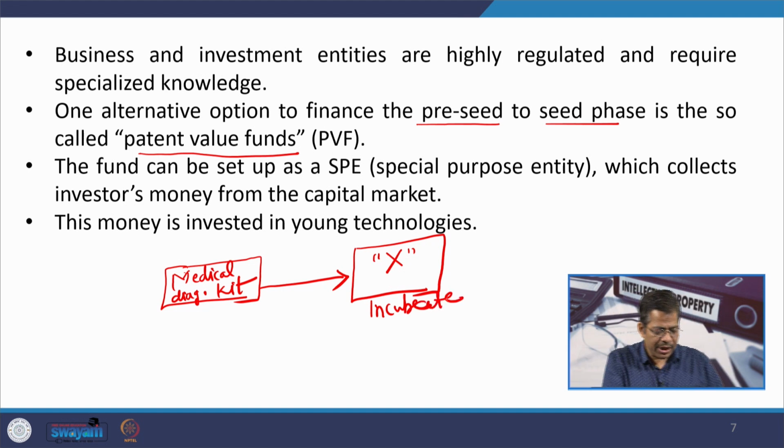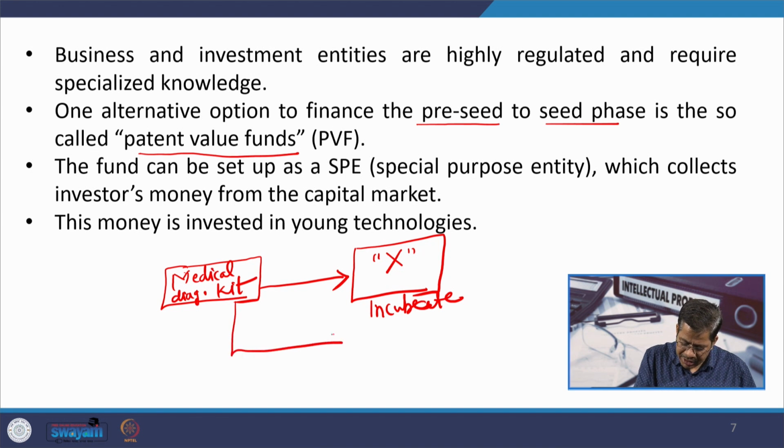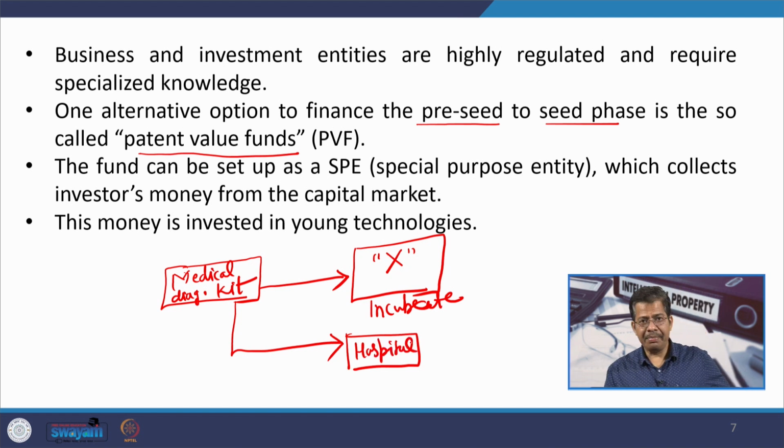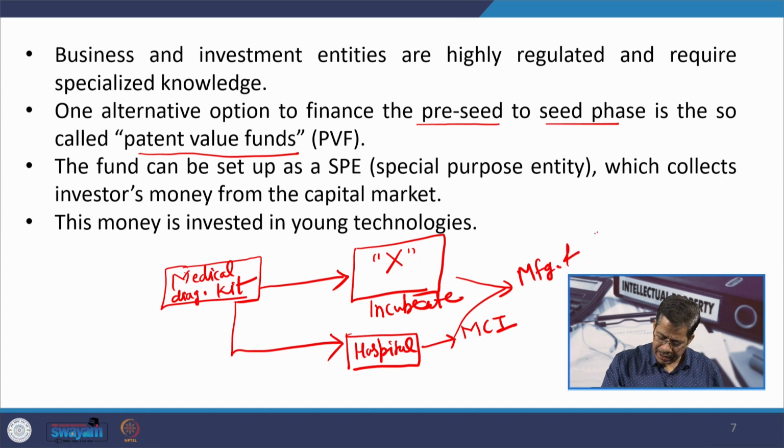They made an agreement with us. They will use this diagnostic kit in their hospital, and based on the results of use of this diagnostic kit in the hospital, they are going to apply for proper MCI approval, Medical Council of India's approval, and then the process of manufacturing and distribution will start.